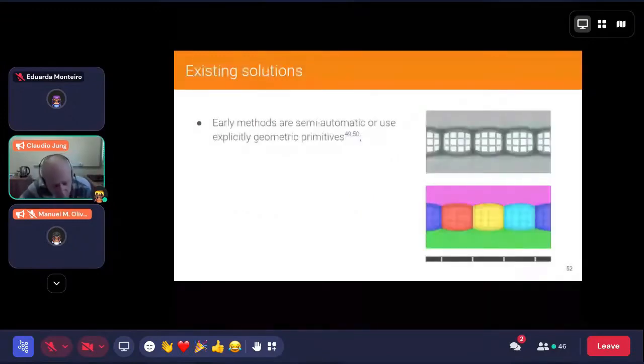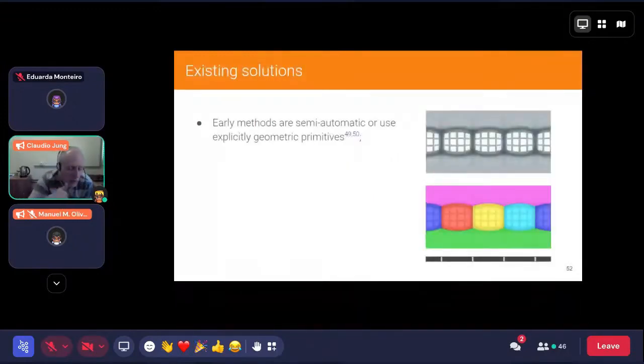So before deep learning, there were some approaches that tried to do layout estimation from a single panorama. Basically, they were based on primitive extraction. Geometric primitives are lines and corners, which is what we expect in a typical layout.